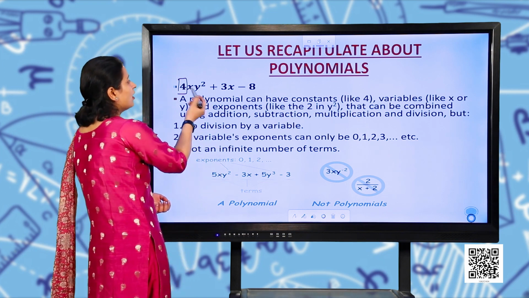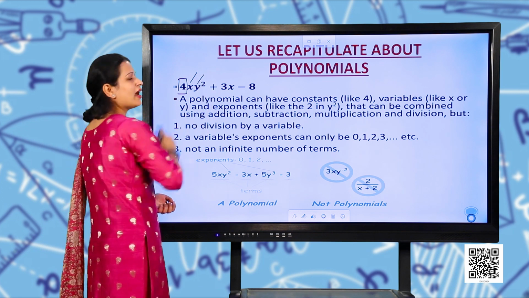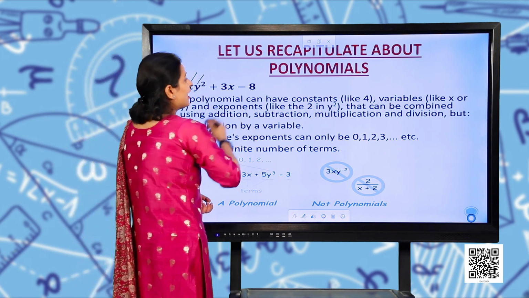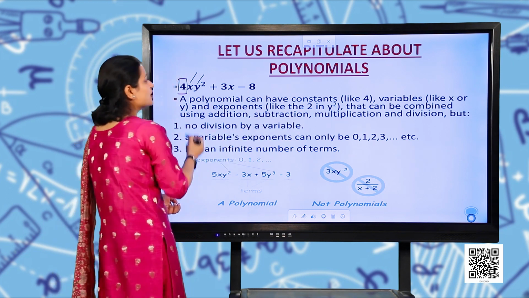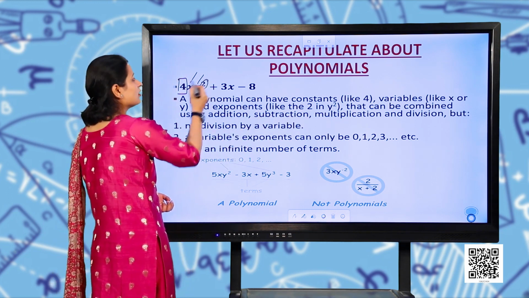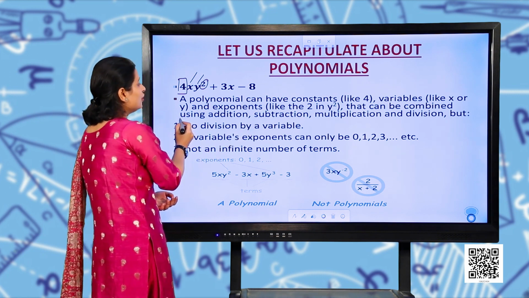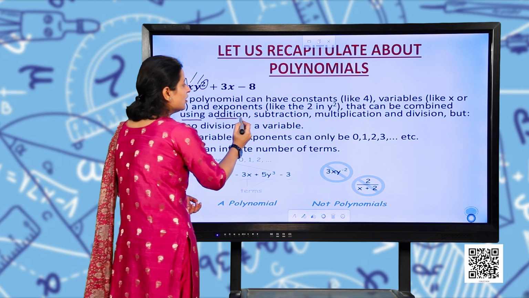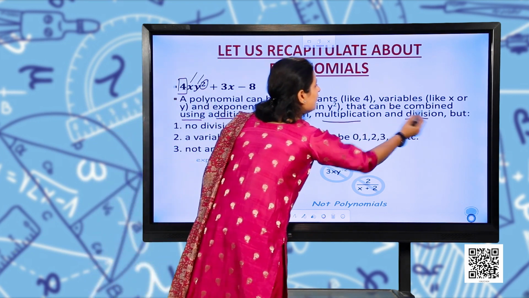Variables, here there are two variables x and y, and exponents like 2 in y square. This is an exponent that can be combined using addition, subtraction, multiplication and division.